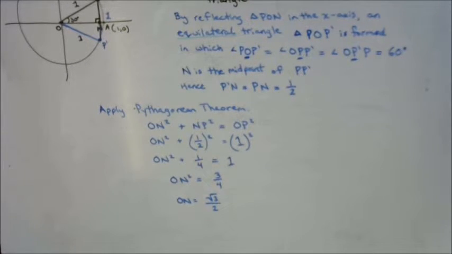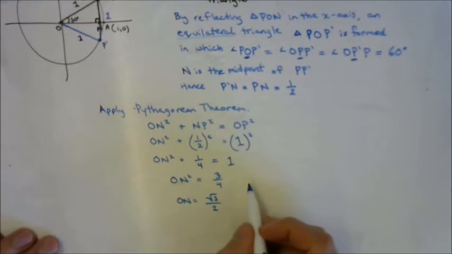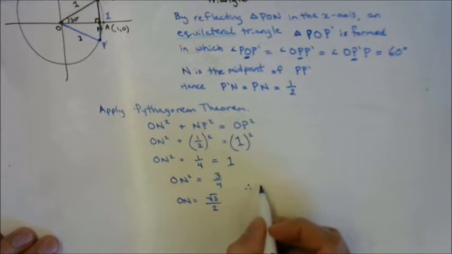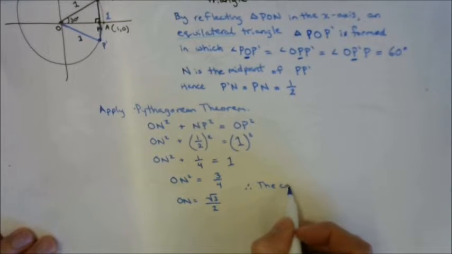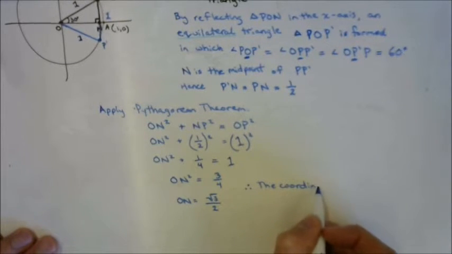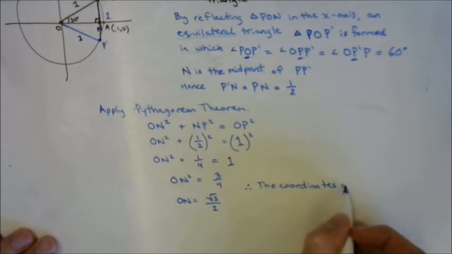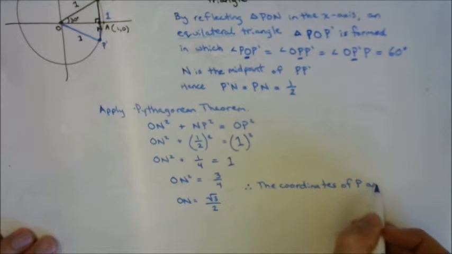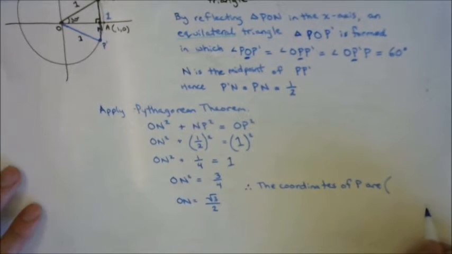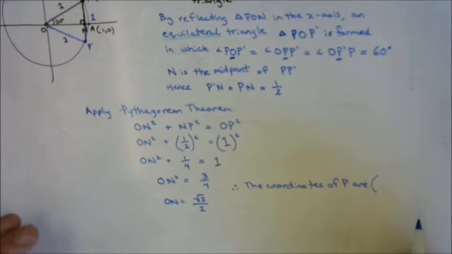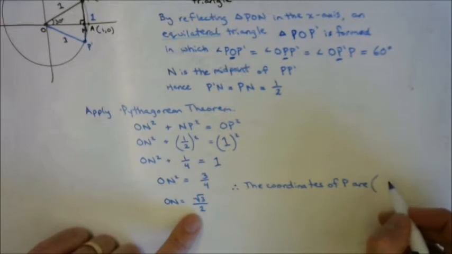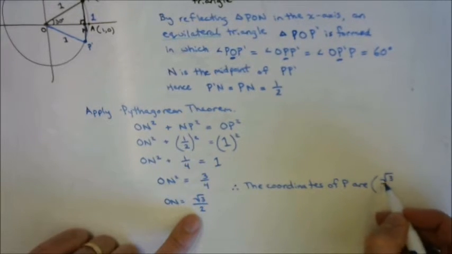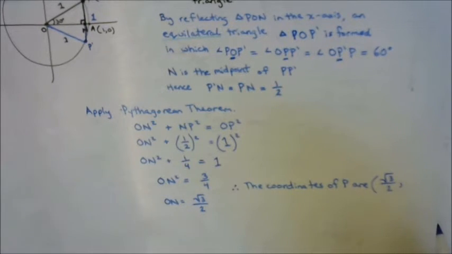The square root of 4 we can simplify to be 2. Therefore, the coordinates of P are, well, the x coordinate is ON, which we found out was radical 3 over 2. And the y coordinate is NP, which we found out was a half.